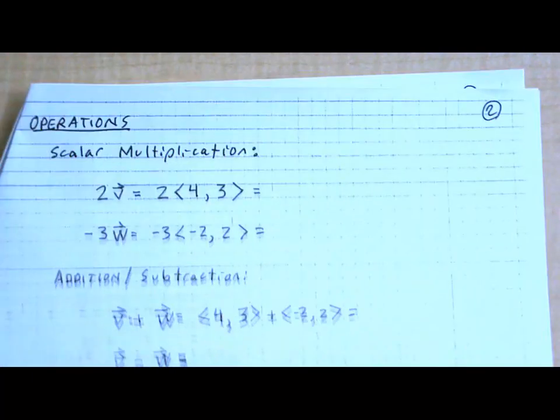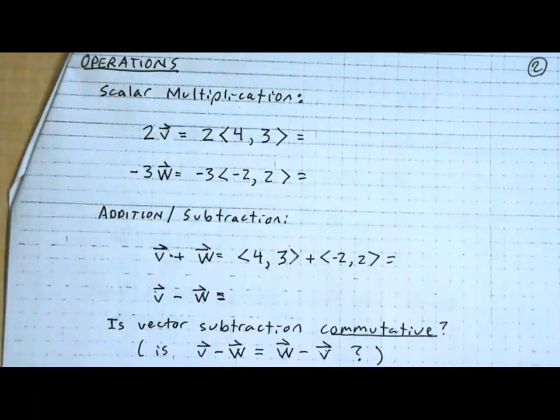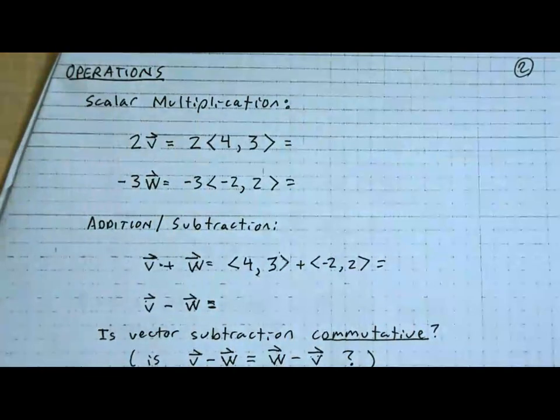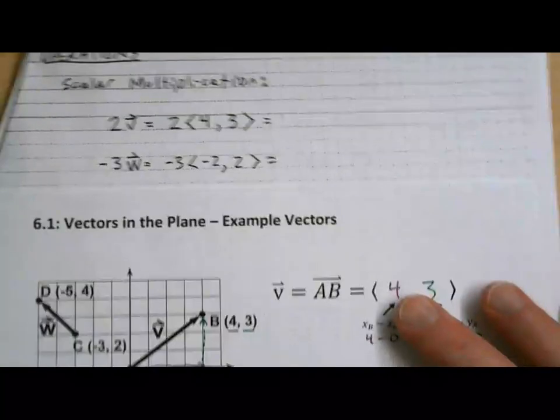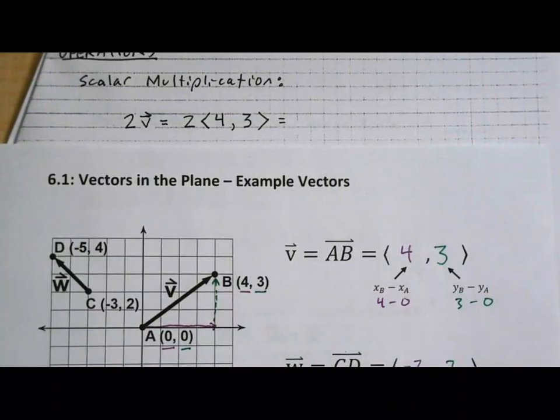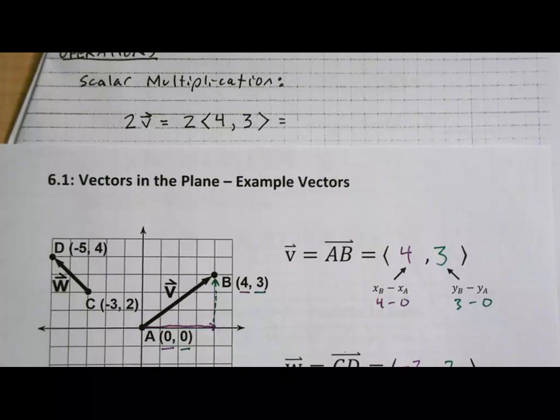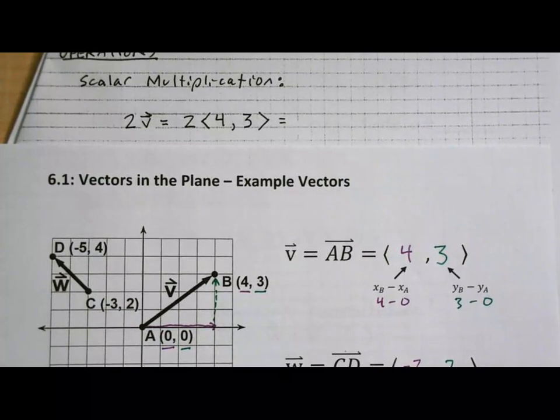So some operations that we can do on vectors. So we can mix and match. We talked about what a scalar was. Remember, scalar is just a number. A scalar is just a number like the numbers that we would think about. So the number 5 is a scalar, negative 3/5 is a scalar, pi is a scalar.